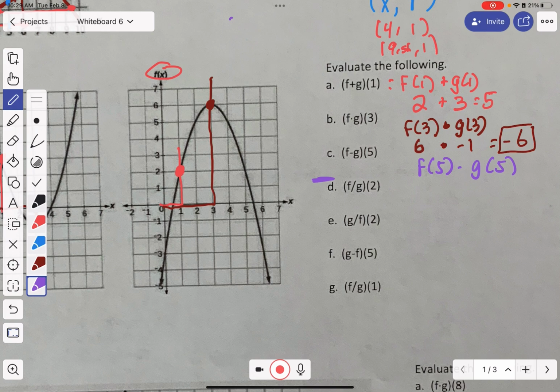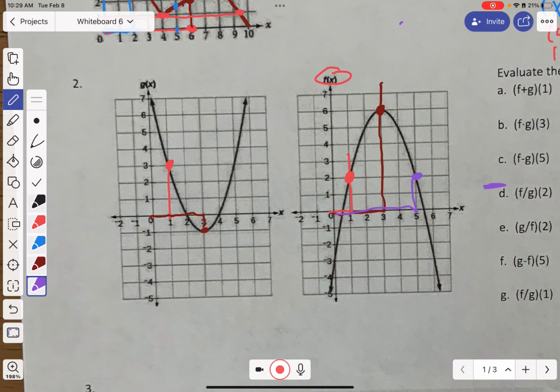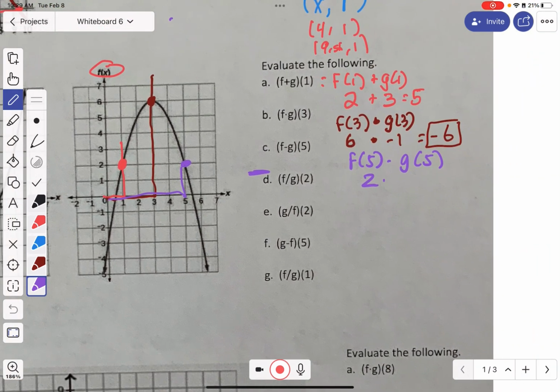What's f of 5 equal to? 2. Go over to the 5, and then it's up 2, so 2. g of 5, 3. 2 minus 3 is -1. And you're done. Okay?